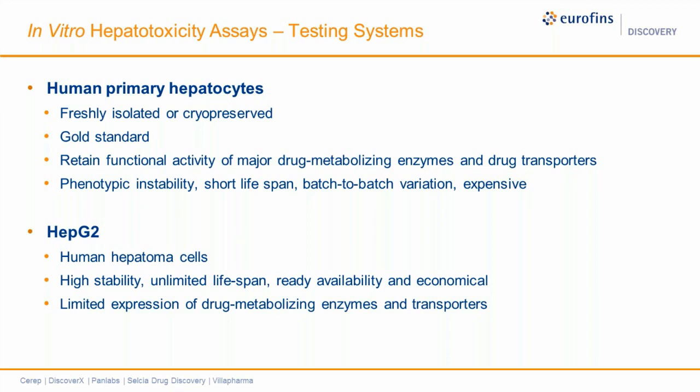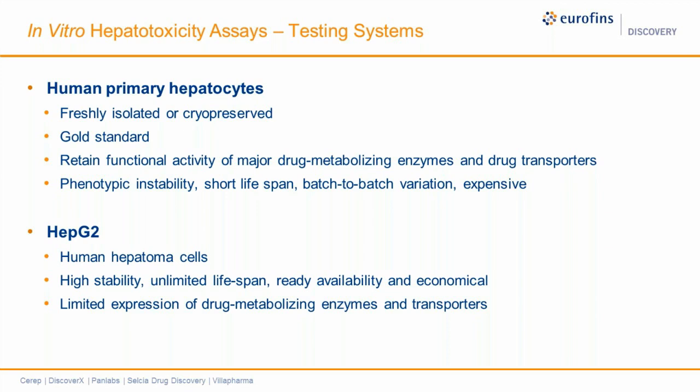But there are some limitations of using human primary hepatocytes, mainly due to phenotypical instability, short lifespan, and batch-to-batch variation, which limits the reproducibility of the assay. The cells are significantly more expensive than the hepatoma cells, which also limits their usage in drug screening.